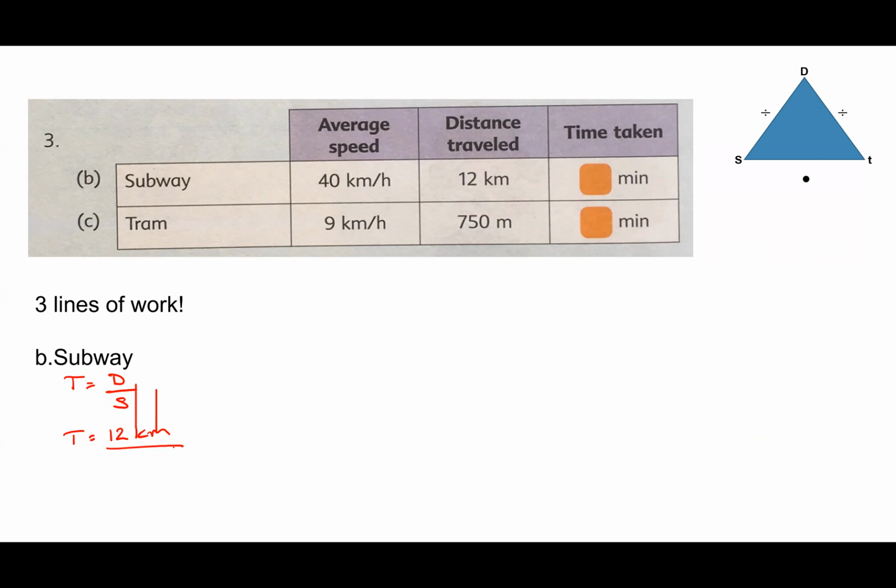So what I would do is take that 40 kilometers per hour and plug that in for my speed. And then the kilometers cross cancel. And that's only when we're working with speed. Otherwise, we want to go ahead and convert first. So 12, this is a little bit messy.